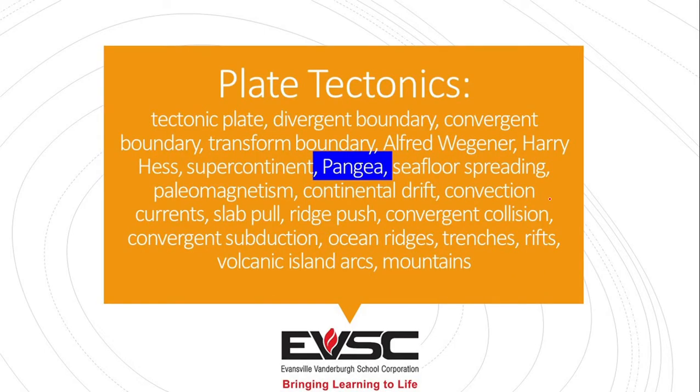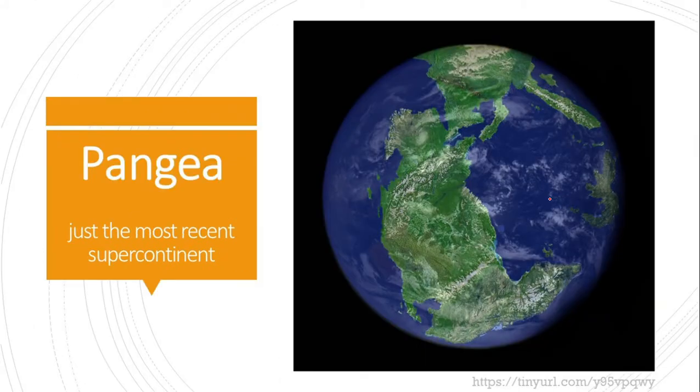Because the more interesting thing that EVSC throws at us about 4.7 is they want to make sure we talk about the supercontinent of Pangaea. I think people in general have this vague idea that once upon a time, all the continents were moving around due to continental drift or plate tectonics, and there was a time when they were all connected. And that is Pangaea.